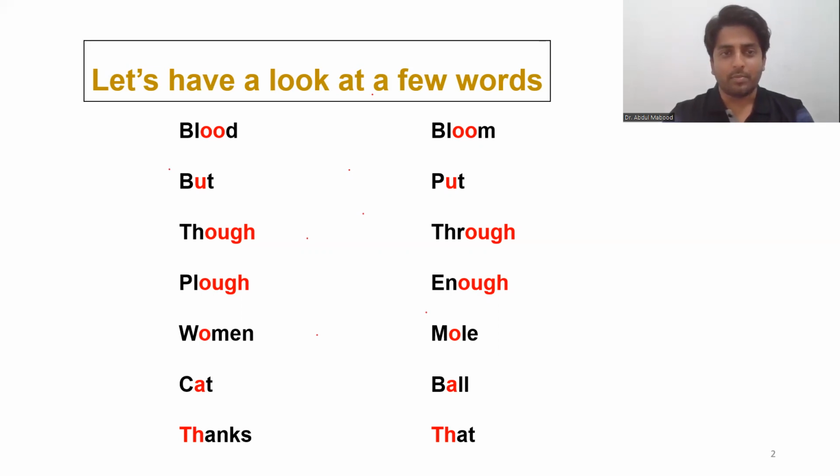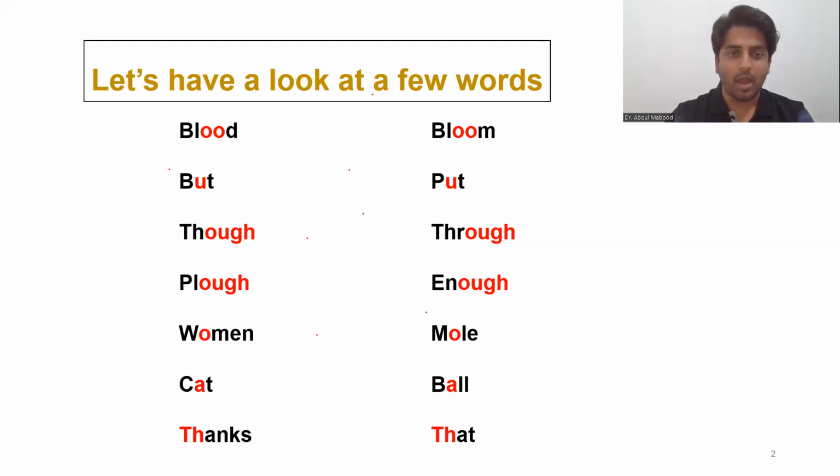Similarly, in but and put, in but u gives the sound a, but in put u gives the sound o. In though, o-u-g-h gives the sound o, but in through, the same letters give the sound oo.